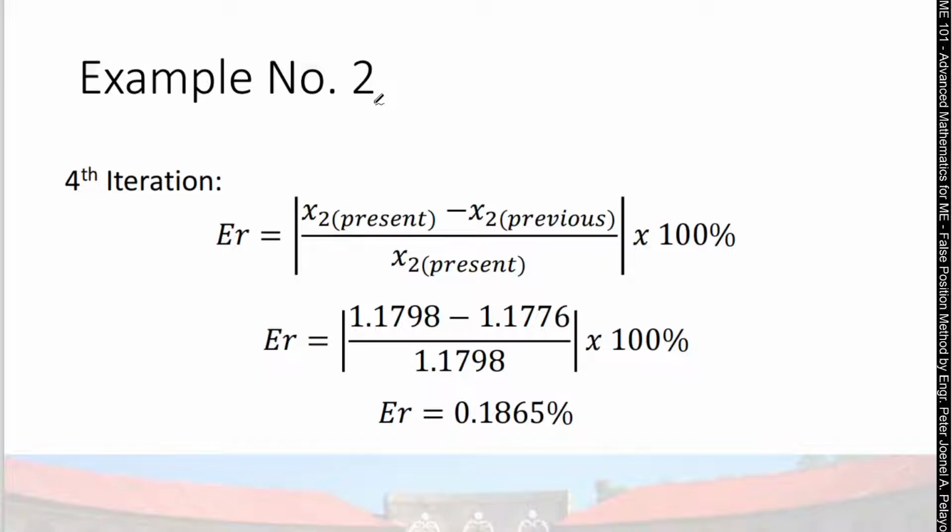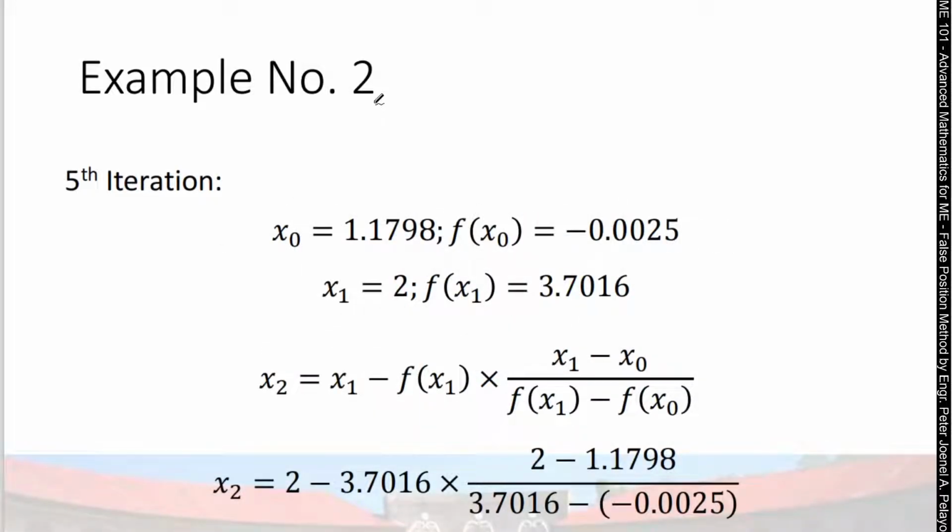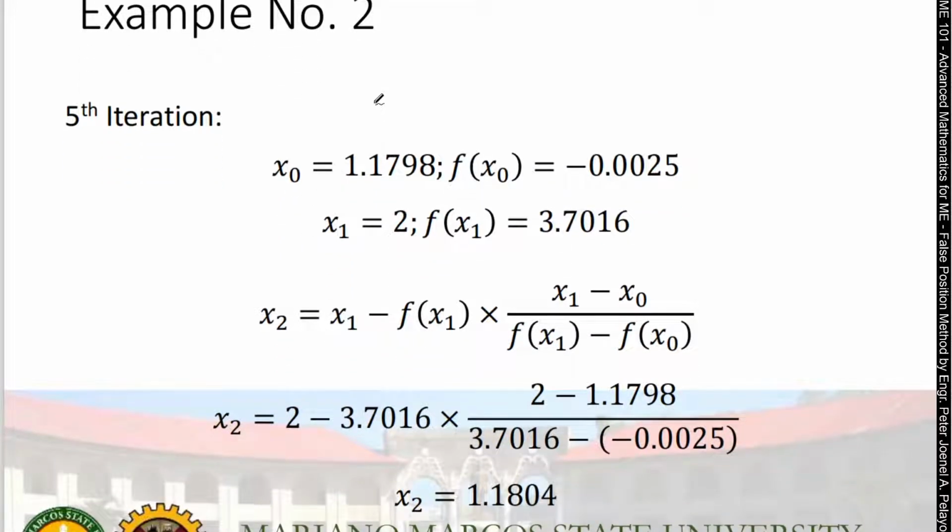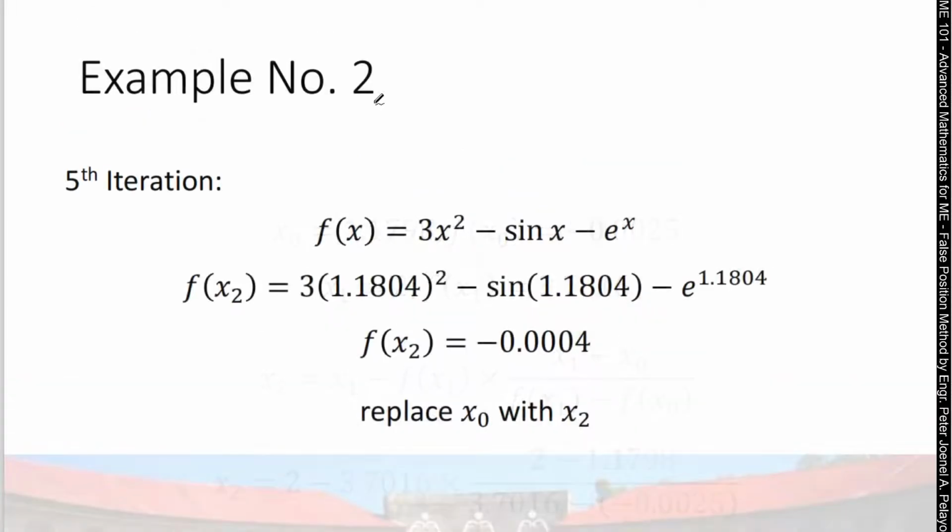Our relative error is 0.1865%. So, it's not yet less than 0.01, so we continue. Fifth iteration: our x0 is 1.1798, and x1 is 2. So, our x2 will be 1.1804. Then we substitute into 3x squared minus sin x minus e raised to x.